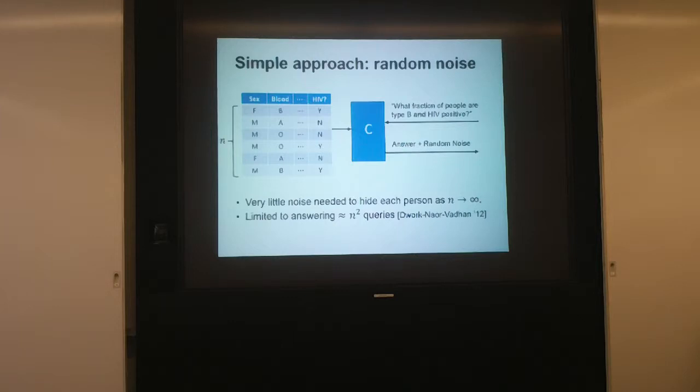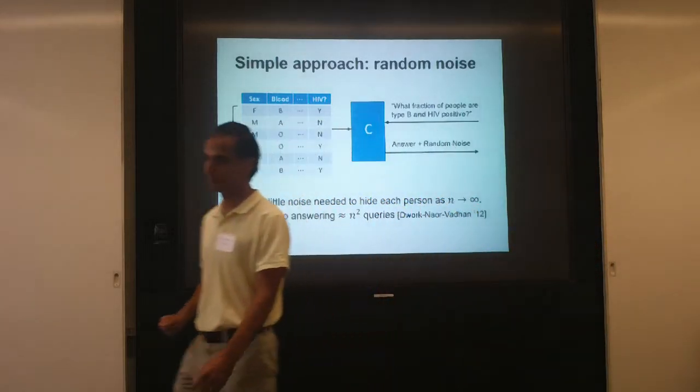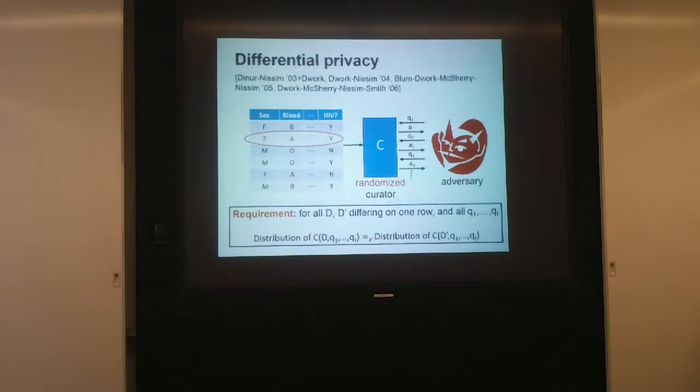Or you can have queries that are related to each other in some way, and from the noisy answers to them, you could somehow cancel out the noise, and it may not be easy for the system to tell that this is possible. That's why you need more sophisticated approaches to dealing with this problem. But great question. All right, so that's the simplest approach to differential privacy.